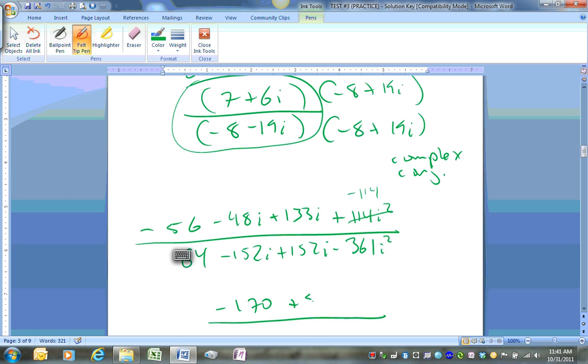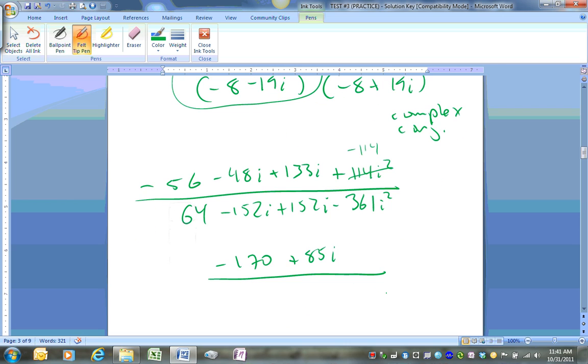So you have plus 85i. And this becomes negative 361, but because of the minus, that becomes positive. So those go away. So we wind up getting 425.